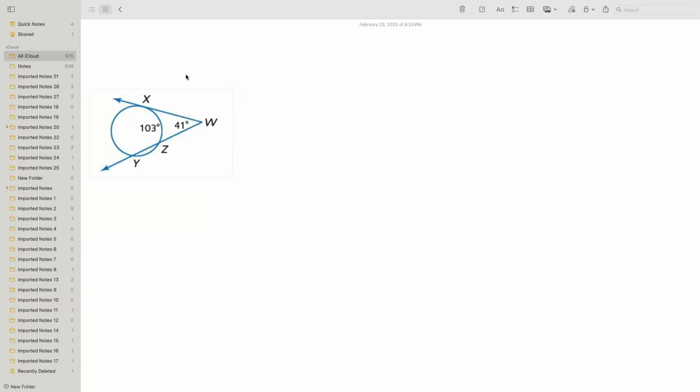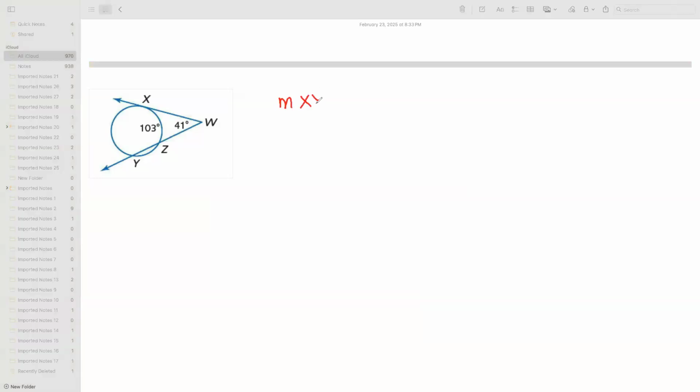Is XY the arc that's created by the secant passing through the circle? The tangent passes through X, a secant passes through Y and Z. I want the measure of the arc XY.